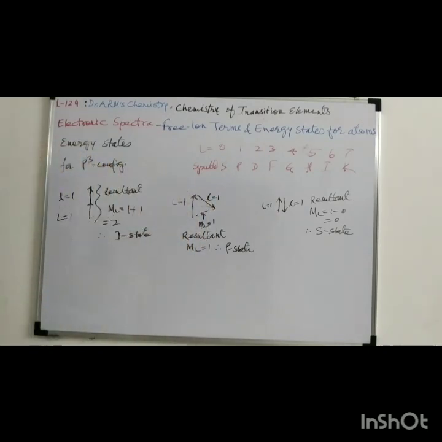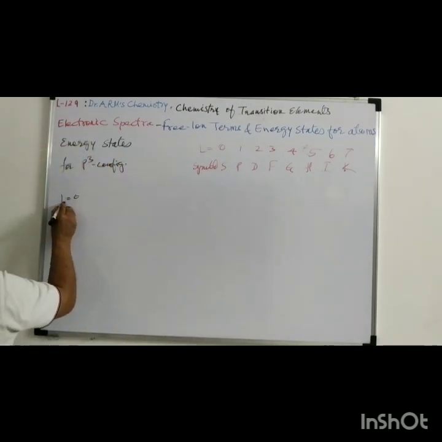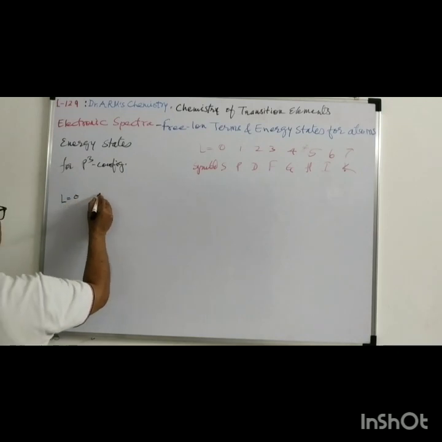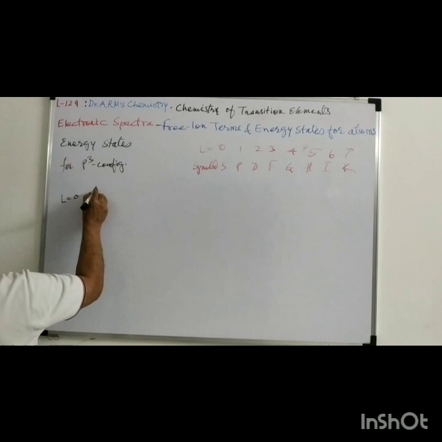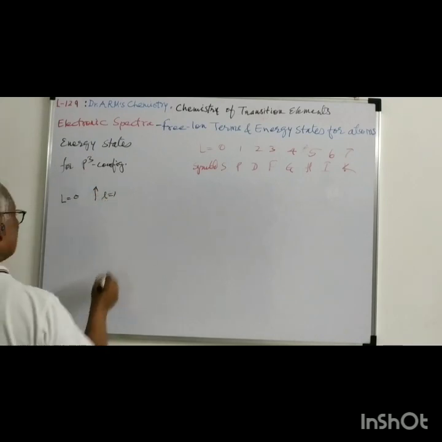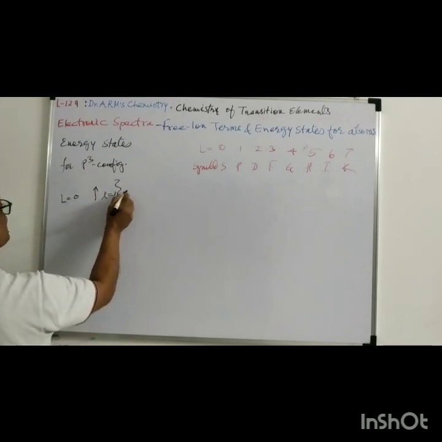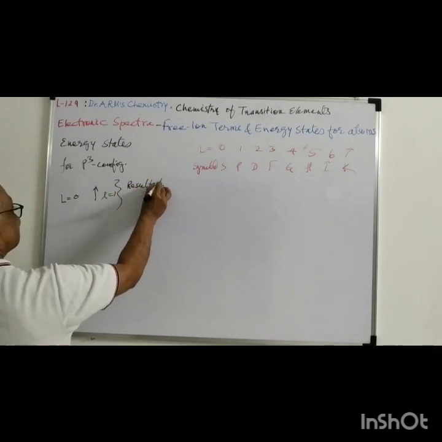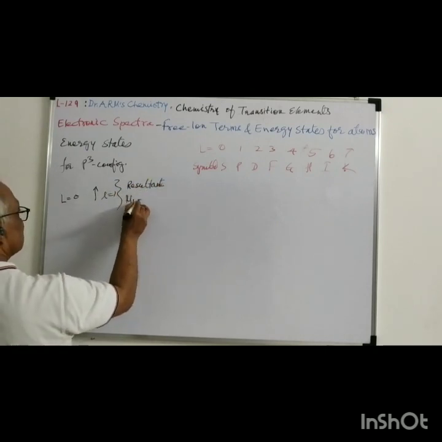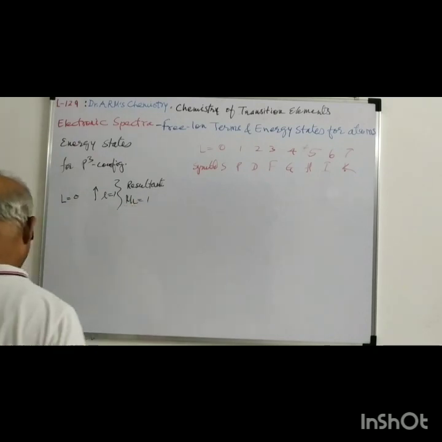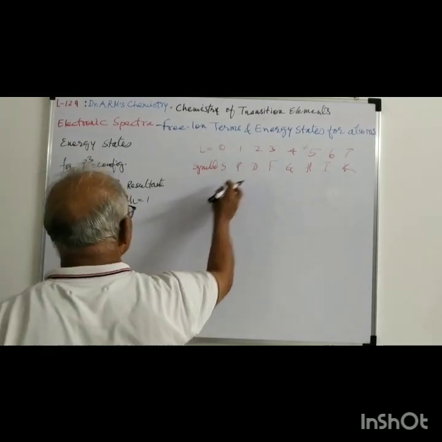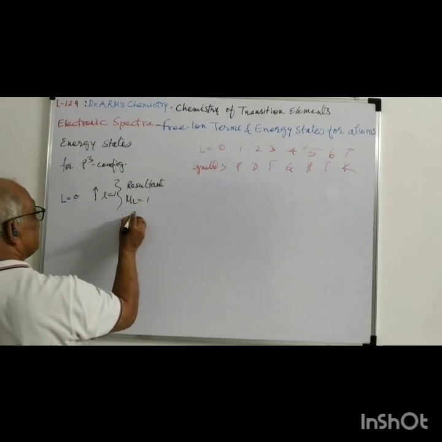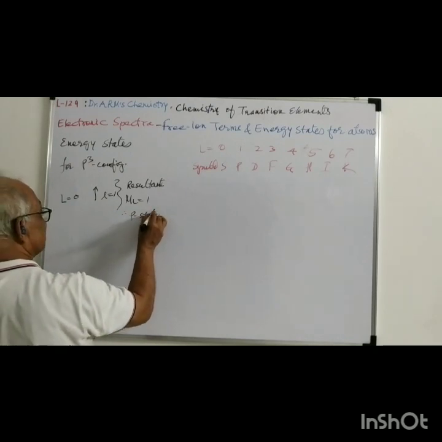And when this L is equal to 0 and L is equal to 1, then the resultant ML is equal to 1, and 1 corresponds to the state P, therefore P state.